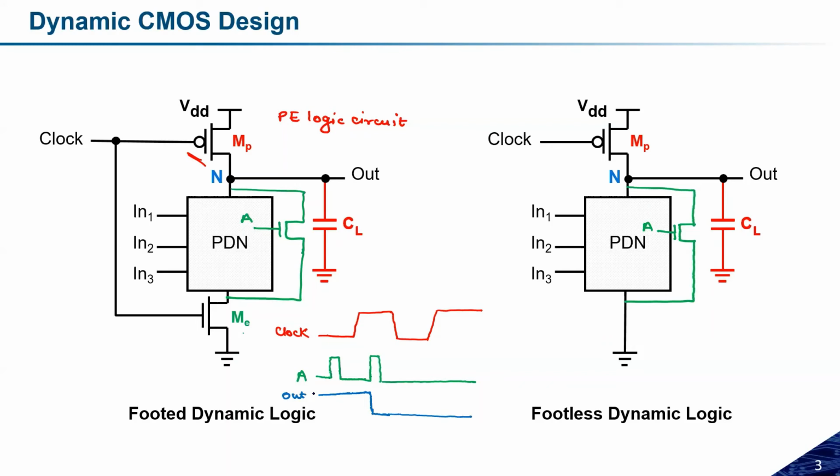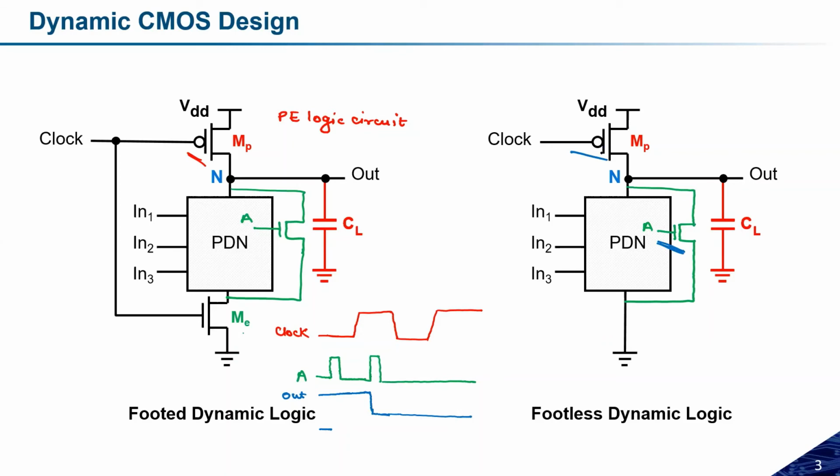If I consider the second circuit, if the clock is equal to 0 and the input is equal to 0, definitely the output will be high. But even though we are pre-charging the node, if there is some change in the input, this transistor is in on state, and this A is also in on state.